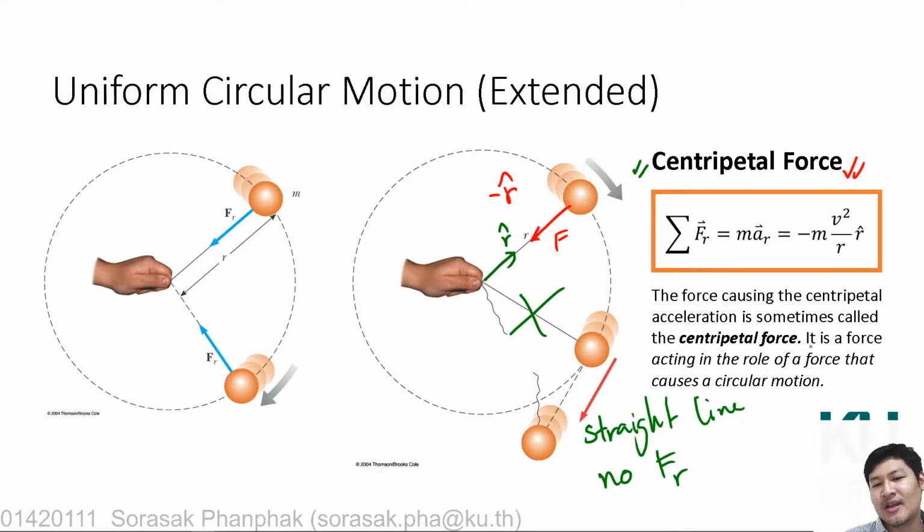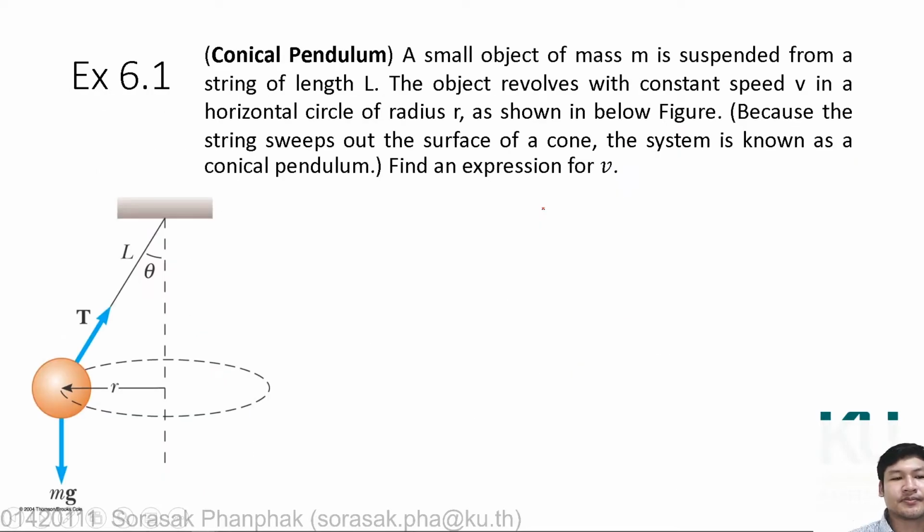And this relation you already know, because a_c equals v squared over r if you look only at the magnitude. But if you consider it as a vector, don't forget that the direction of the centripetal acceleration or centripetal force is pointing toward the center of the circular motion.